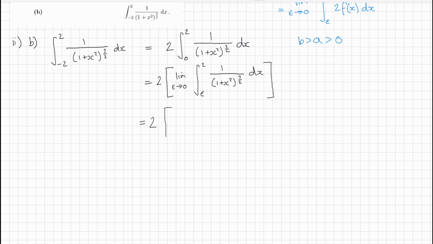We take the reciprocal of our limits because we're applying the same substitution to that function.